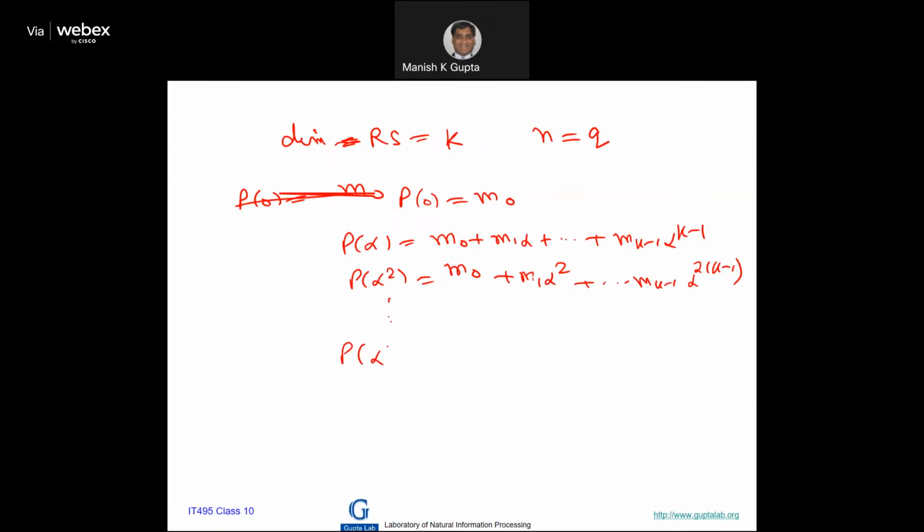P of alpha raised to power Q minus 1 is M0 plus M1 alpha raised to power Q minus 1 plus ... plus M_{K-1} alpha raised to power K minus 1 times Q minus 1.